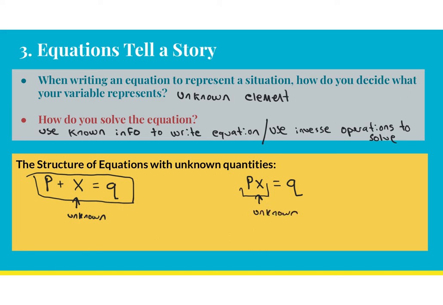So we're looking at situations where we have positive or negative values being added to an unknown thing to give us a result, or positive or negative values being multiplied to an unknown thing to give us our result.